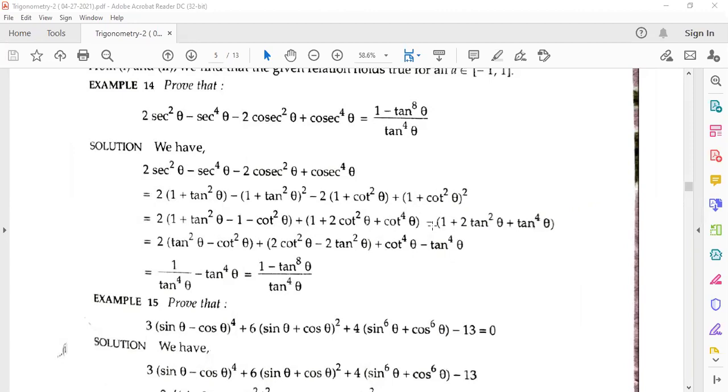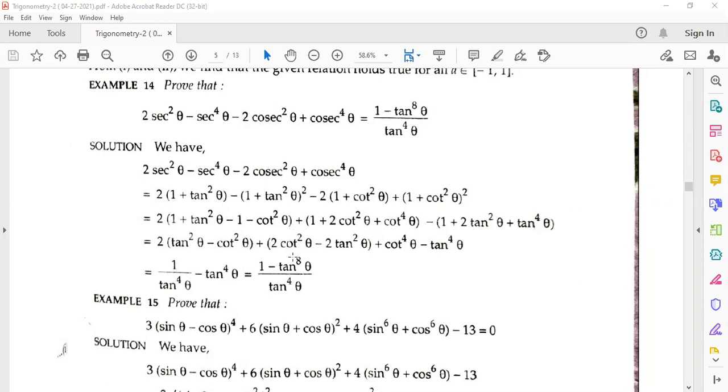So it is coming in terms of tan and cot. Now this tan and cot can be written as 2 into tan square theta minus cot square theta. If we take common 2 from here, then it is 2 into cot square theta minus tan square theta.